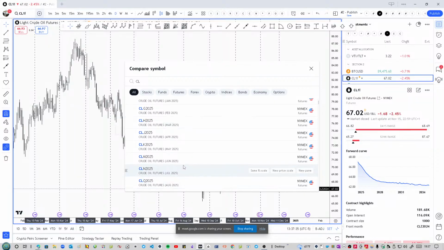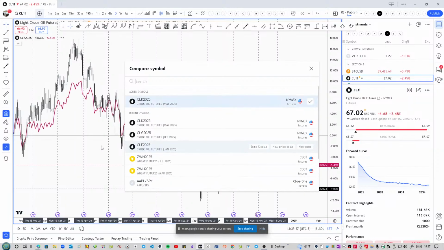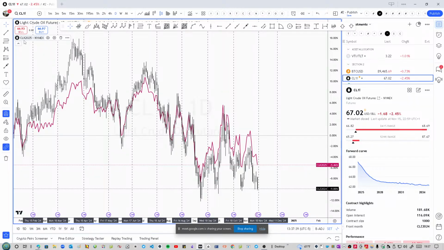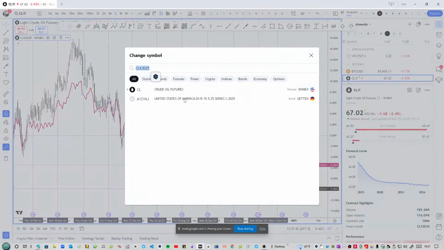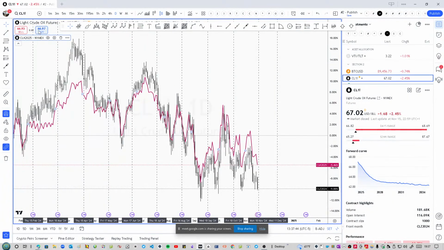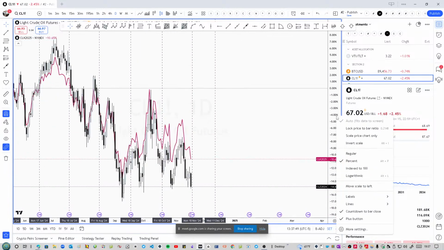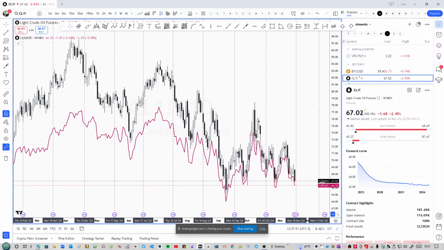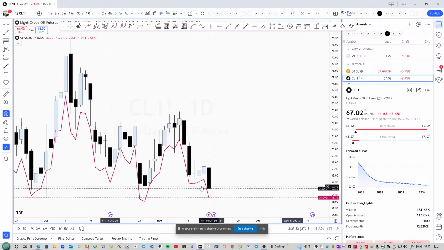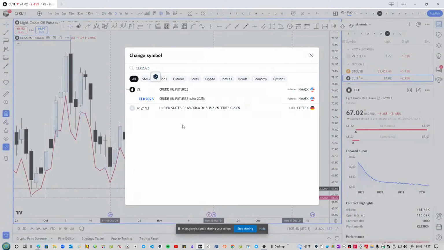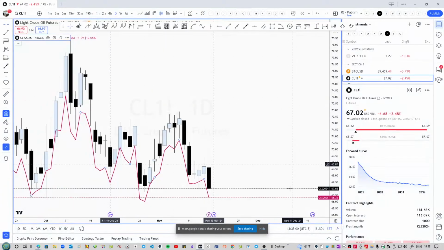Or let's say, because the difference will be higher here, CLK is then for crude oil 2025. And we go here into regular. You see that the future price for next year, K is what again? March? Or what was it? May.